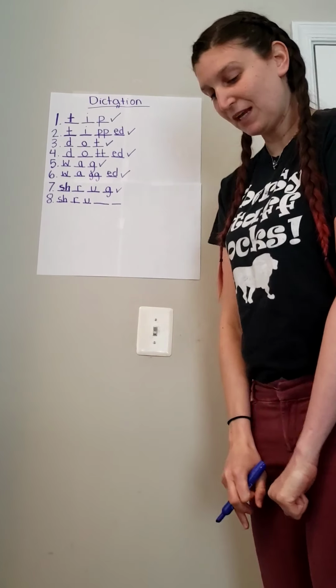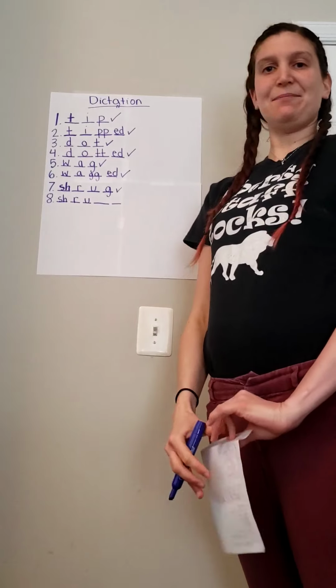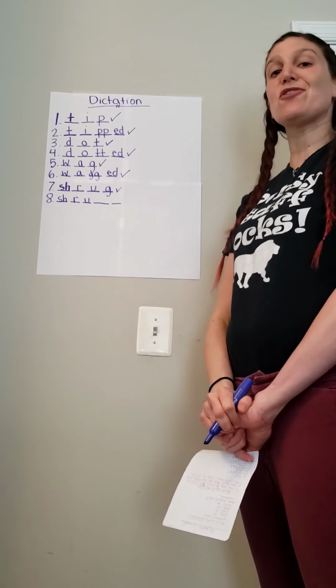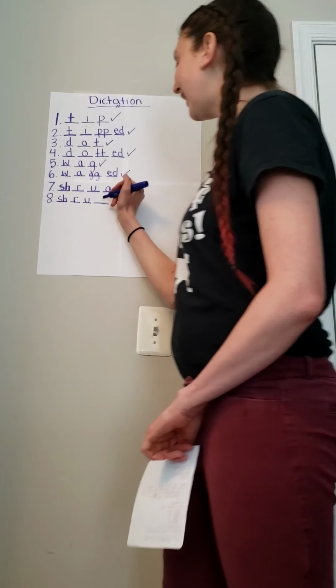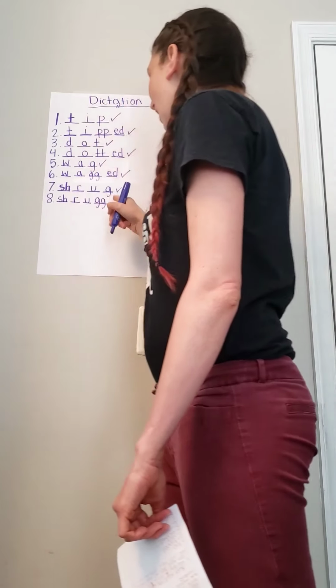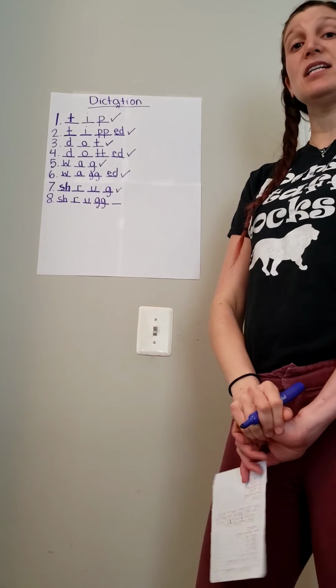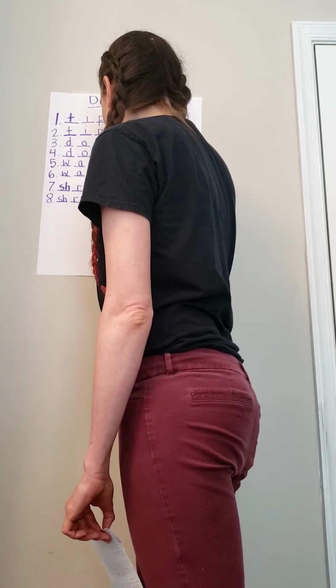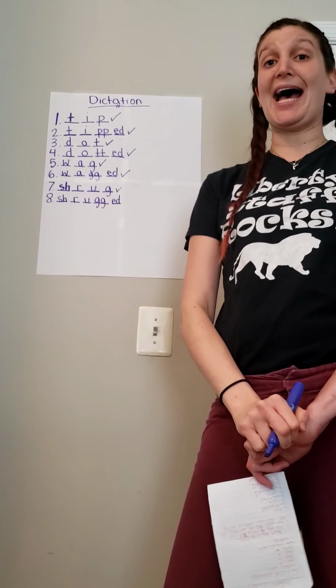Yes I do. Do I have an ending at the end of my word? D. Yes I do. So I need a double consonant. So I write G, G. Shrugged. And I know that that D is my ending, ED, telling me this happened in the past.